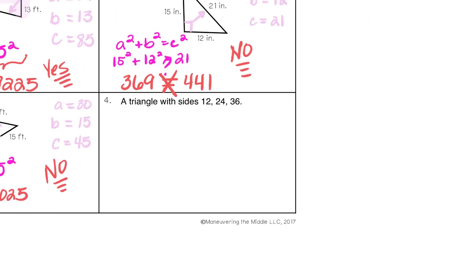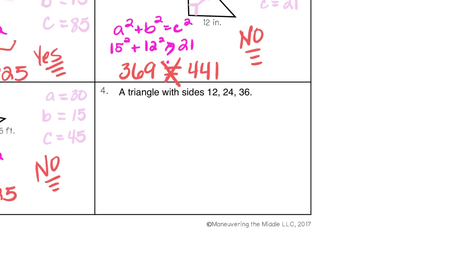Now, last but not least, we have some words here to help us through this. Remember, our hypotenuse is always the longest side. I see that the largest value here is 36. As far as the legs are concerned, they can go in either spot.